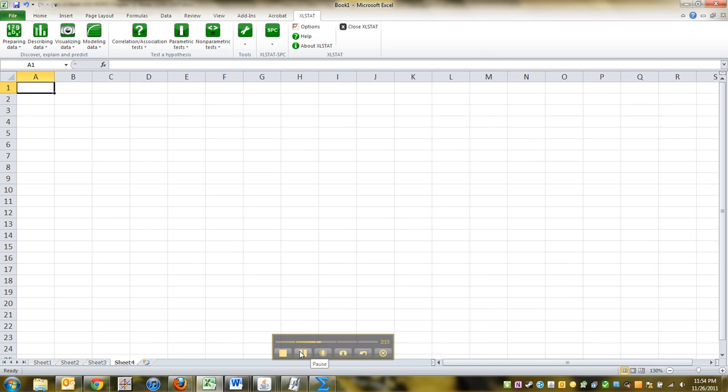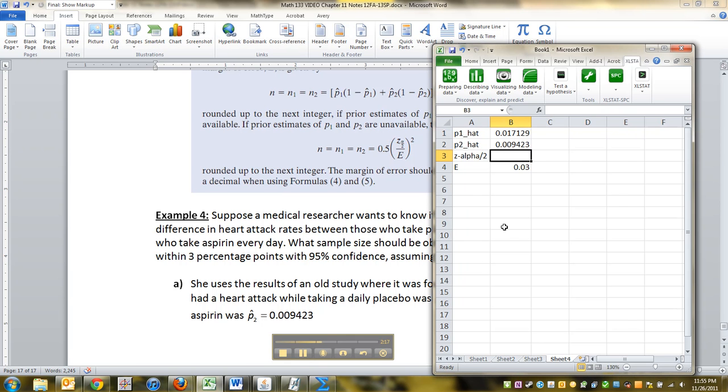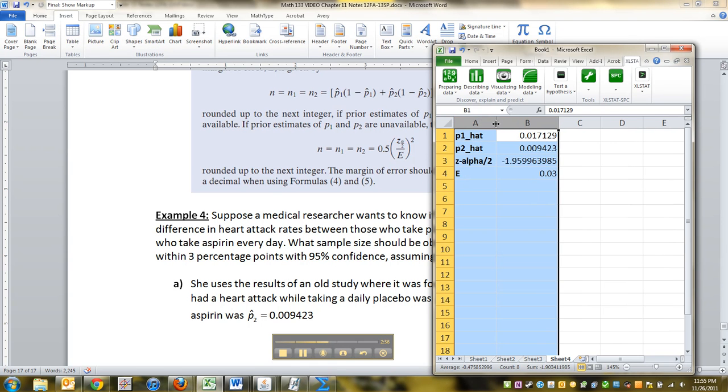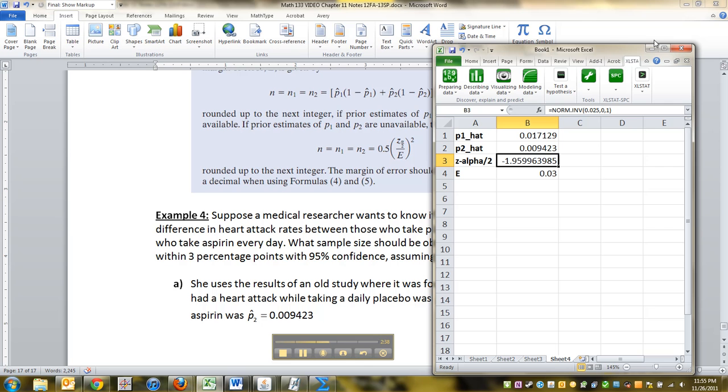Remember, the z alpha over 2 is going to be equal to NORM.S.INV(0.025, 0, 1). There it is. We've got all of our numbers all lined up. Everything's good. And then to find this number, we're going to have to follow this formula along.